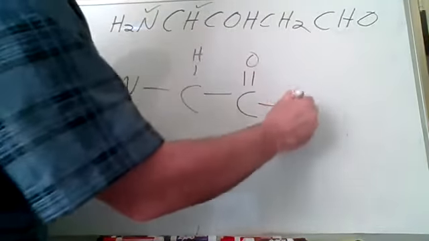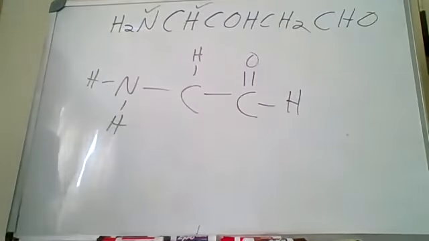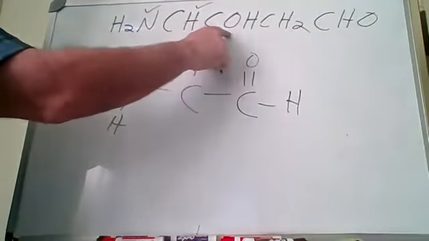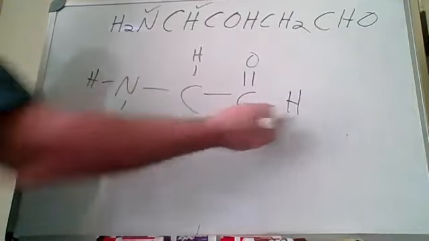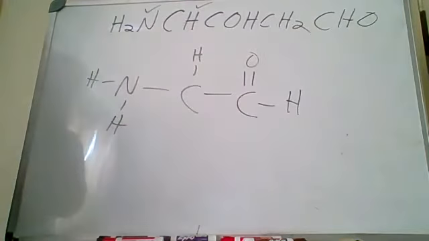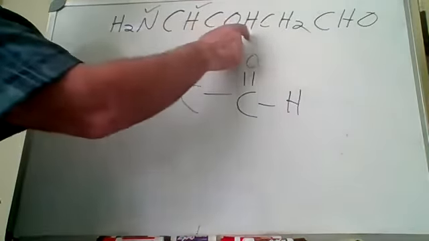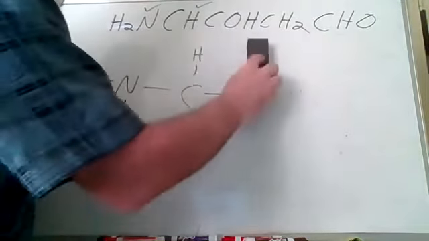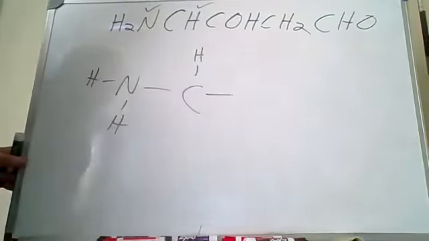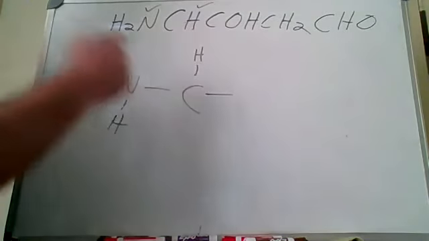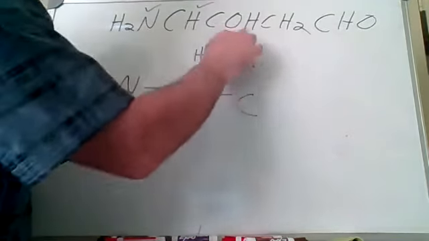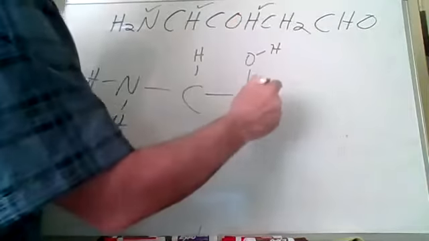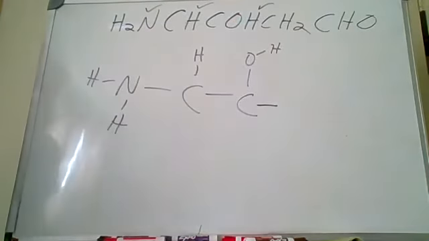Then I have a hydrogen next. I'm done. I have nowhere to put the rest of this. So this cannot be a ketone or an aldehyde. That tells us this does have to be the alcohol group. So let's put the alcohol in, the carbon, and then the alcohol, OH. That brings us to here, open-ended bond.